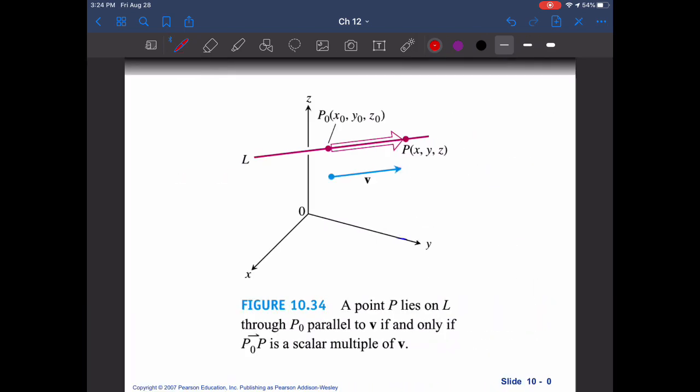Here we have a line in 3 dimensions, and we're going to talk about parameterizing these lines.